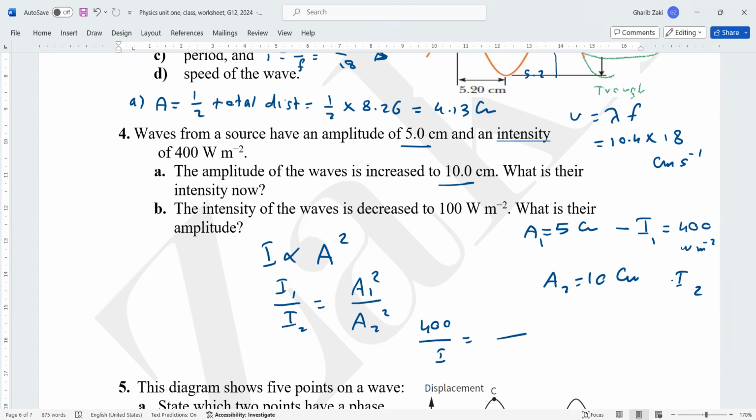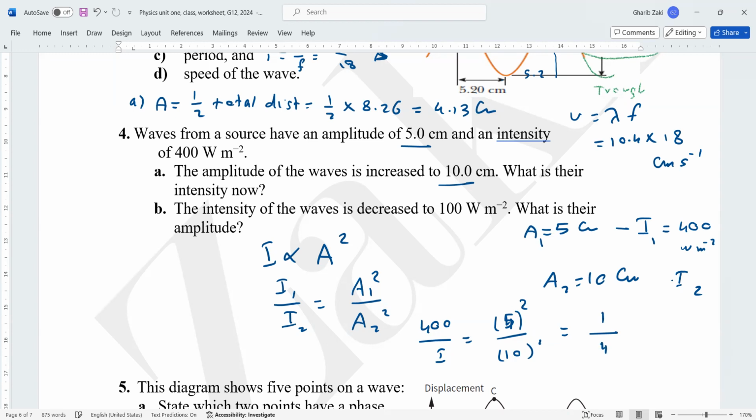Now, I1 is 400, I2 is required. A1 related to I1 is 5 centimeter, but take care, it must be squared. I do not change the centimeter because A2 is also in centimeter. So it is 10 squared. 5 squared over 10 squared is 1 over 4.